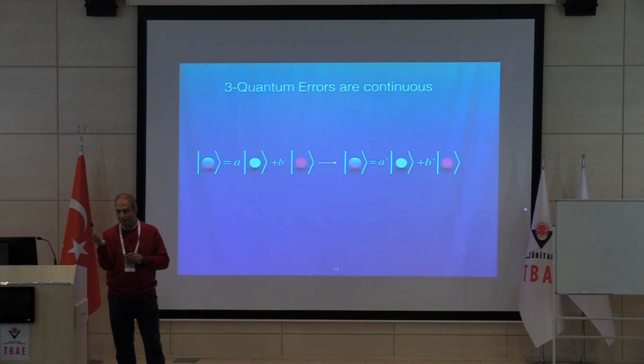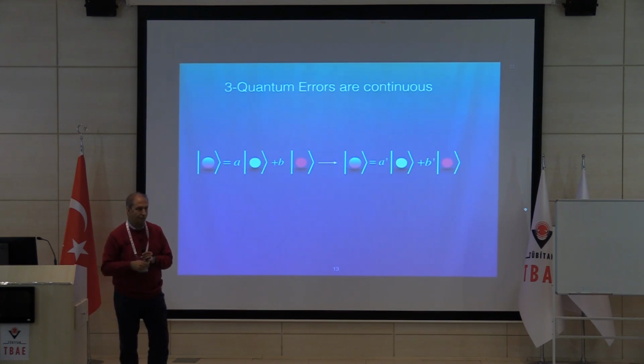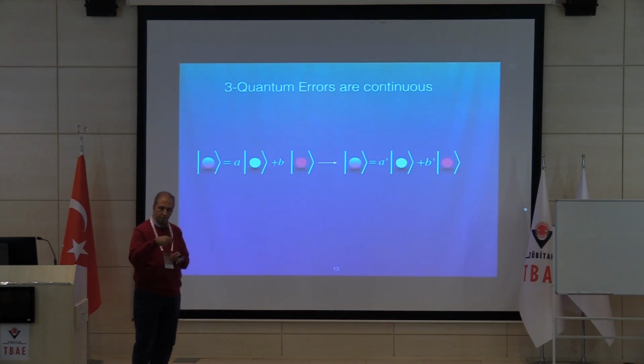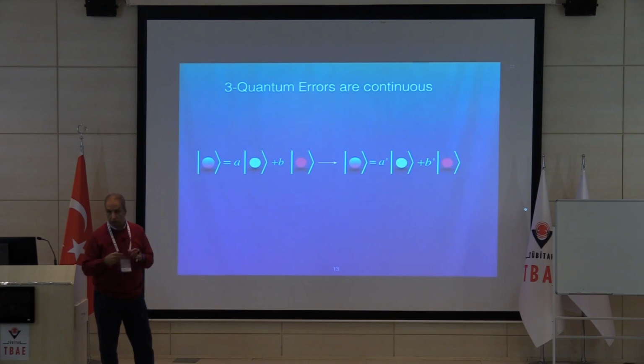It becomes this state, right? It's not a discrete error. It's continuous, right? So A0 plus B1, because of this superposition, becomes A prime 0 plus B prime 1. And as you do more and more computation, it changes outside of your control, right?